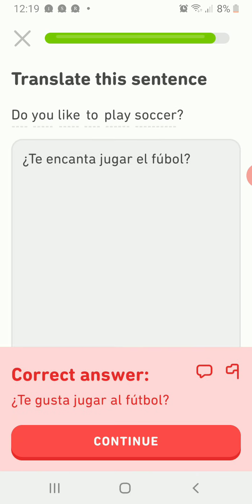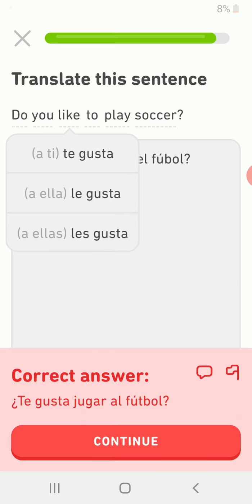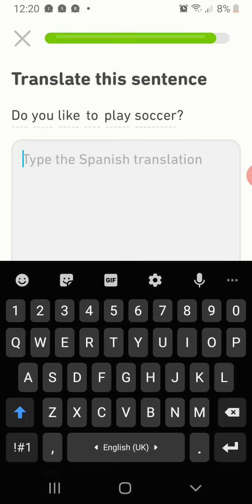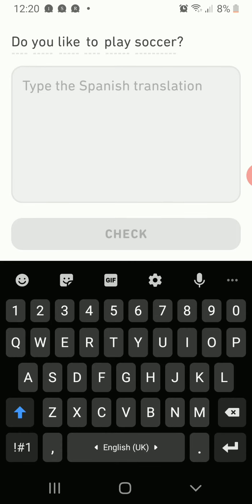So, te gusta and encantar. Gusta is the right verb here. What's the difference between gustar and encantar?